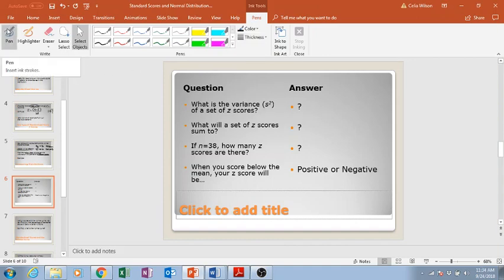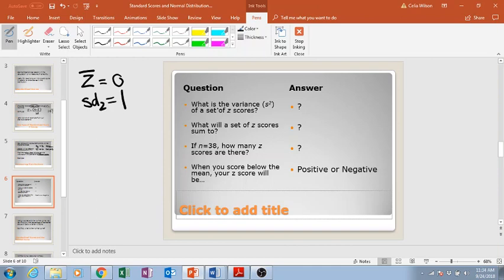Let me remind you that the mean of a set of Z-scores, I'm just going to write Z with a bar over it, was always equal to what? Always equal to 0. And the standard deviation of the Z-scores is always equal to 1.